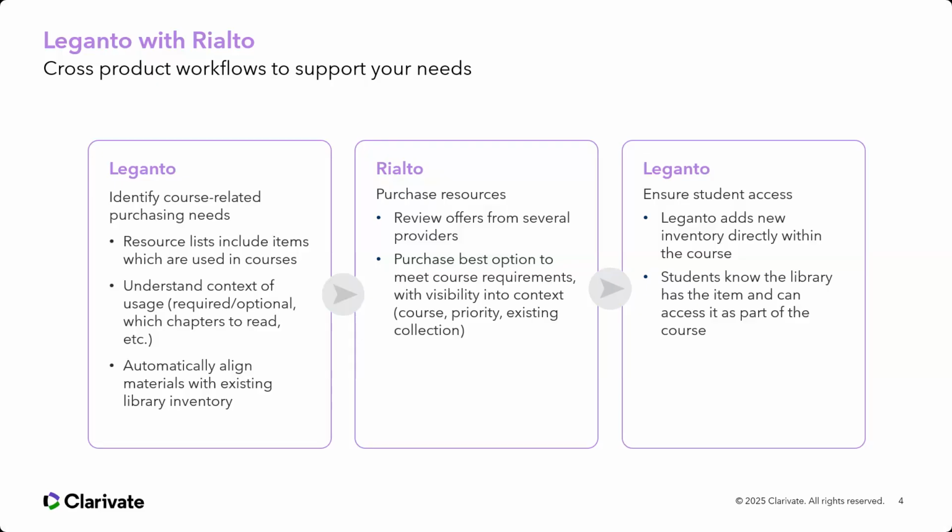How many courses are using that title? So you have all the data that you need to understand what needs to be purchased. Then within Rialto, you can see all of the different offers that are available. You can see the price and the licensing options and the different providers of those offers, and you can use that data to make the purchase that best meets the needs for this course.